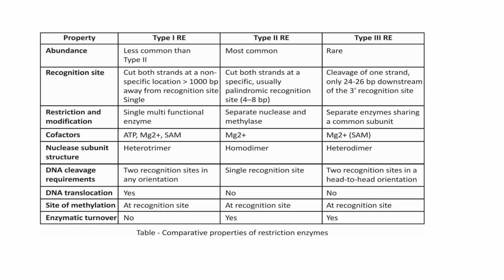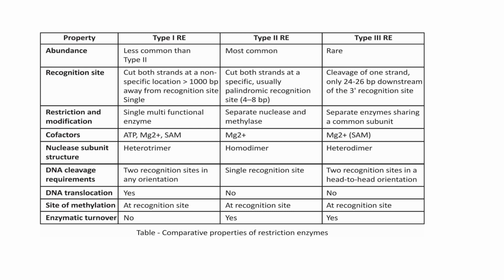There are 3 different types of restriction endonuclease. Basically, we are focusing on type 2 restriction endonuclease for genetic engineering. Why are we focusing mainly on type 2?